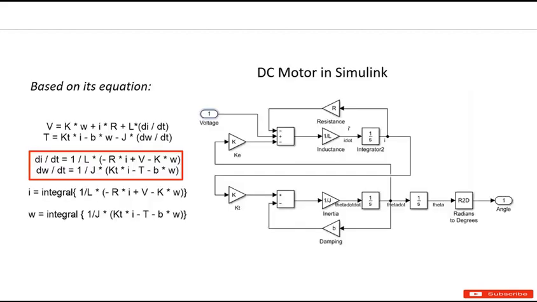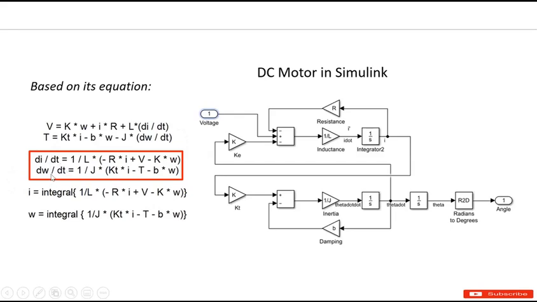So if you were to derive the DC motor equations and model them in Simulink, it will look like this, right? You can see integrator blocks and so on. So it's totally based on the equations.